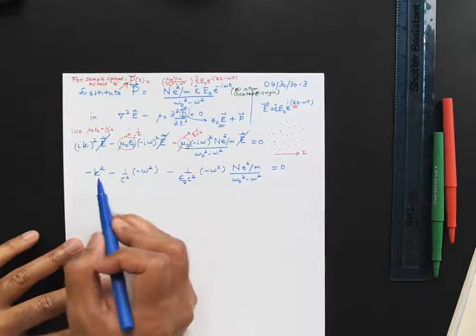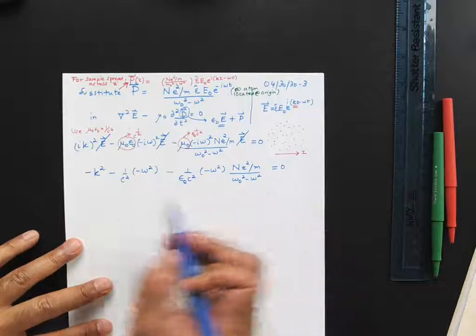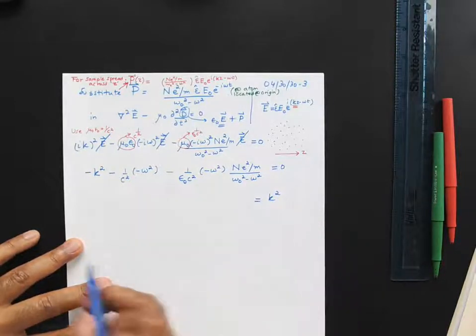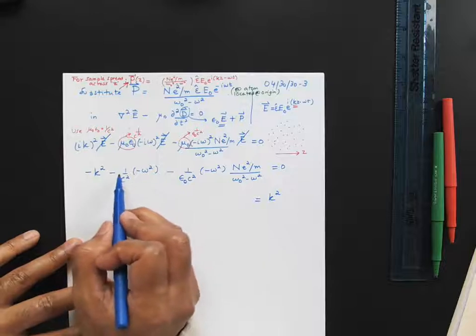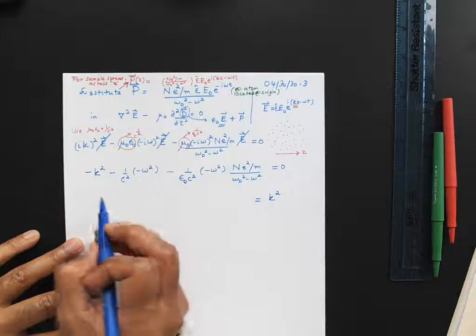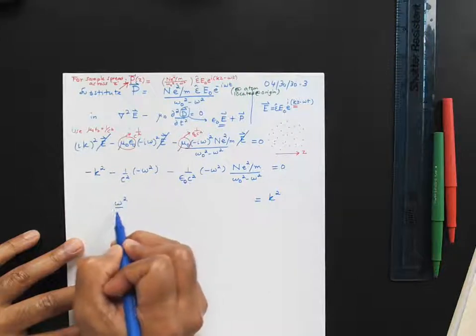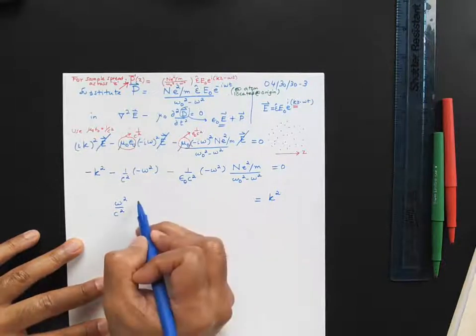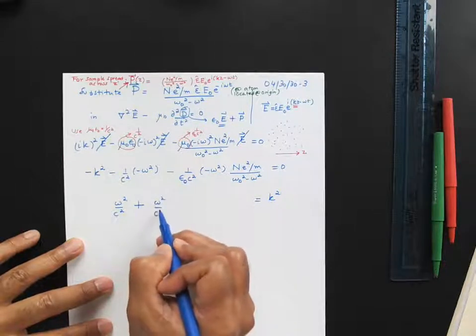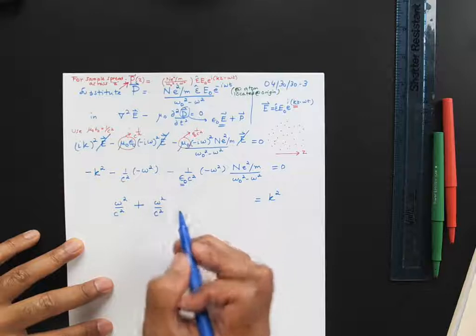Let's take the k squared over to the right hand side. All right, so there, what am I left with? You'll notice that this is a plus omega squared over c squared, and here I have a plus again omega squared over c squared. The epsilon naught is left.